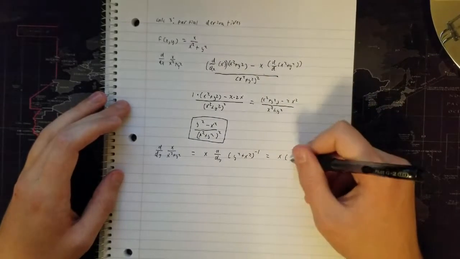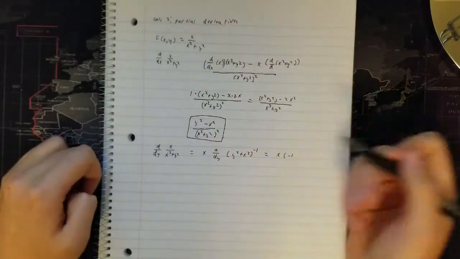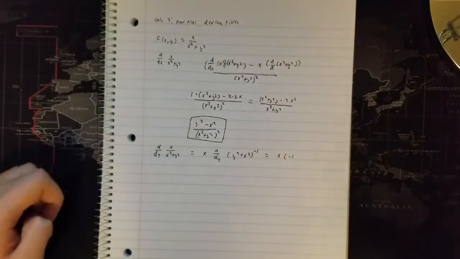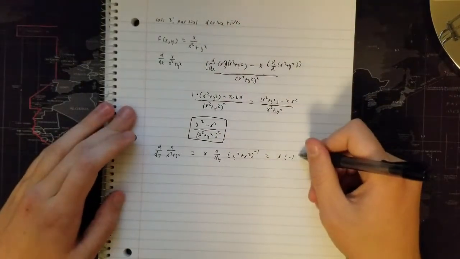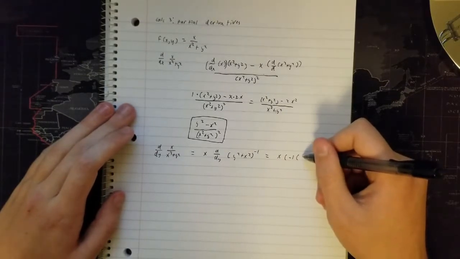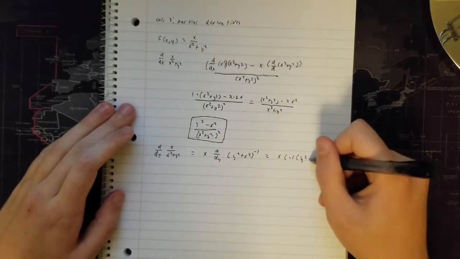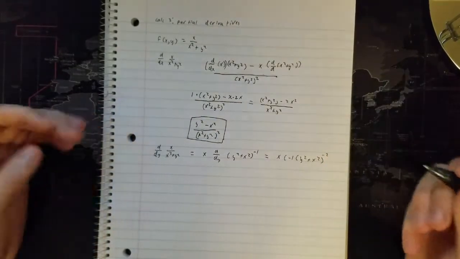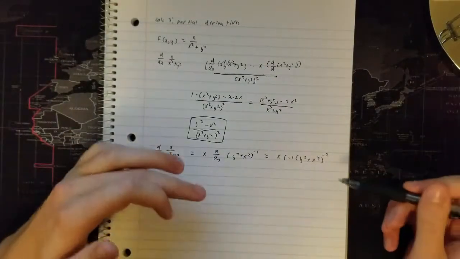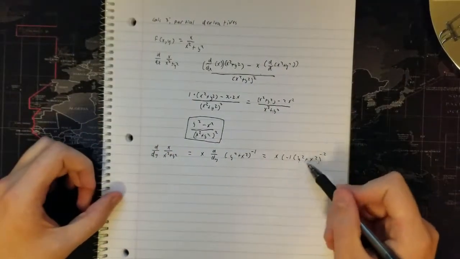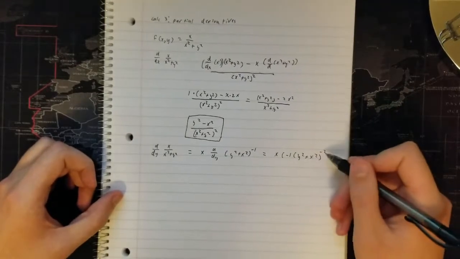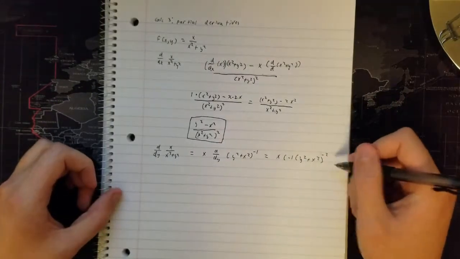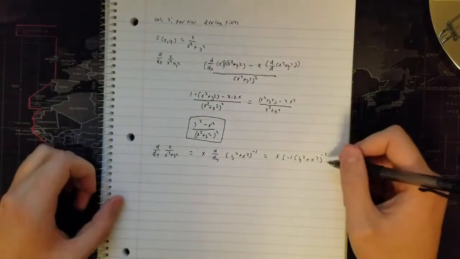This is equal to x times negative 1, because when we're doing a derivative, we bring down the exponent and then subtract 1, times (y squared plus x squared) raised to the power of negative 2. And then since this is a function within a function, the y squared plus x squared is within this raised to the power of negative 2, you have to multiply by the inside because of the chain rule.